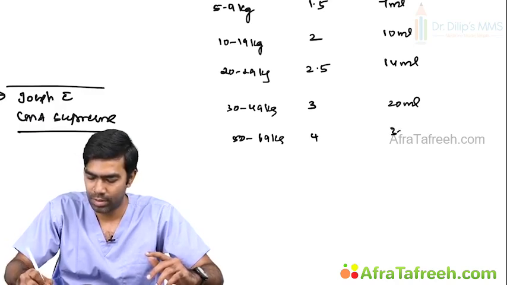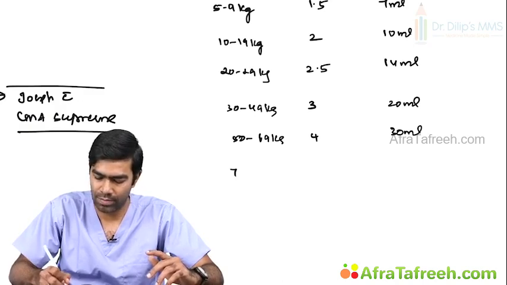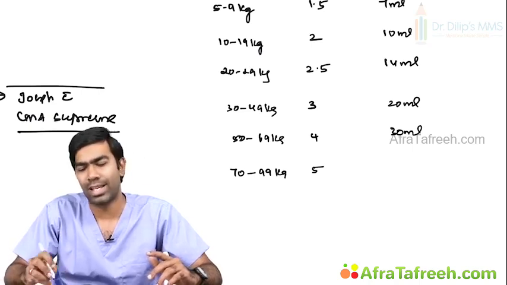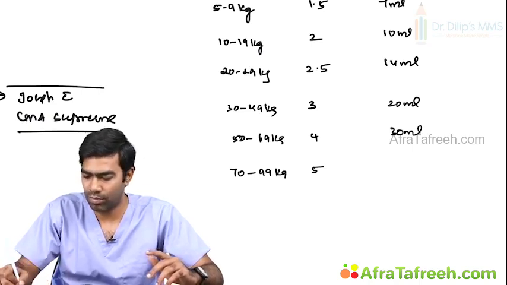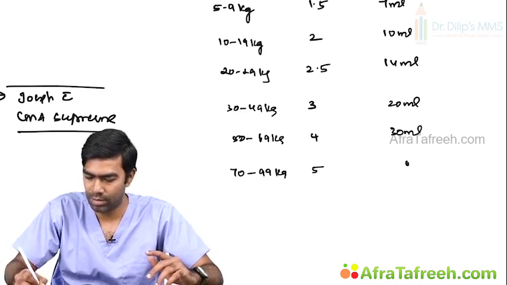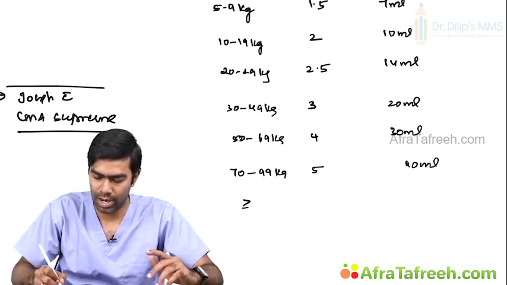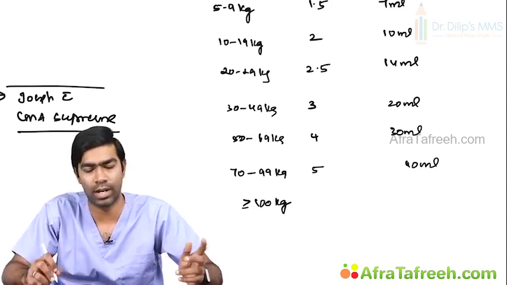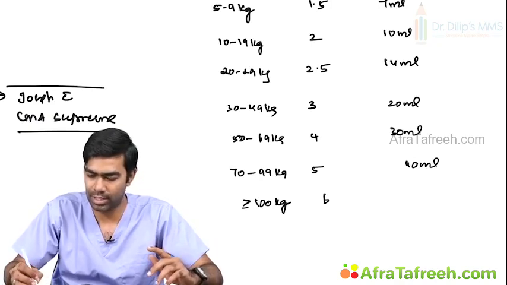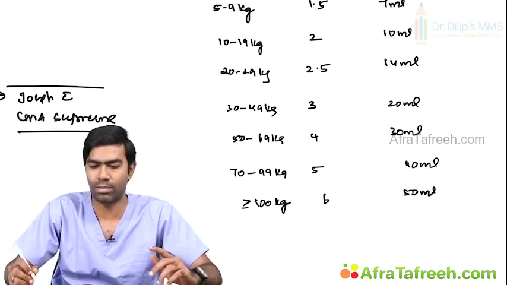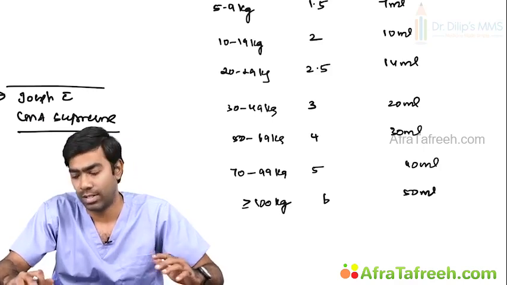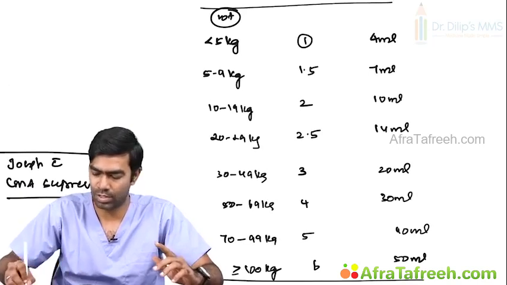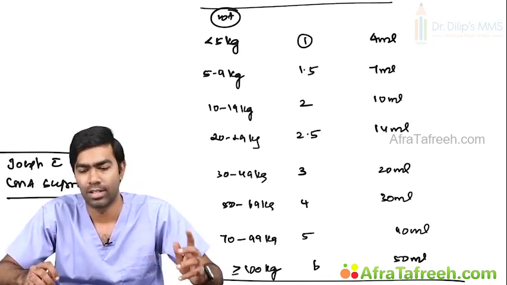And finally, for 70 to 99 kg patients, you choose size 5, which can hold a cuff volume of 40 ml. You also have LMAs for people who are more than 100 kg. You select size 6, which can hold a maximum cuff volume of approximately 50 ml. So these are the sizes of the LMAs. At least this you have to know. So this is a size chart for how you are going to select the LMA.